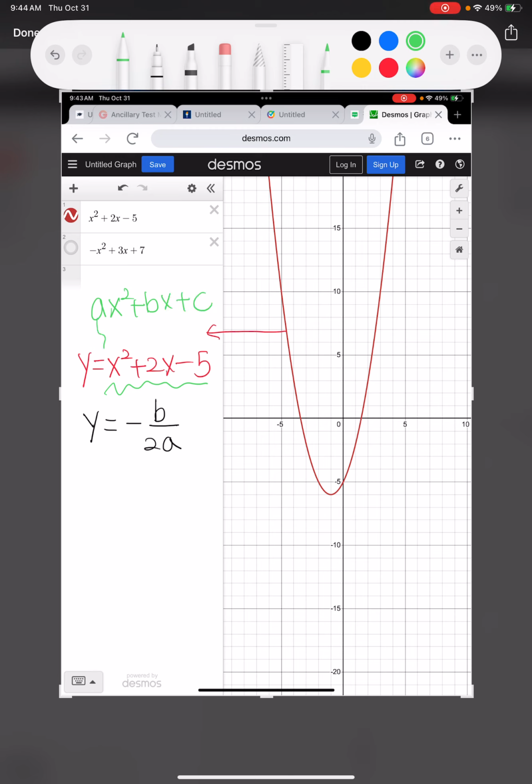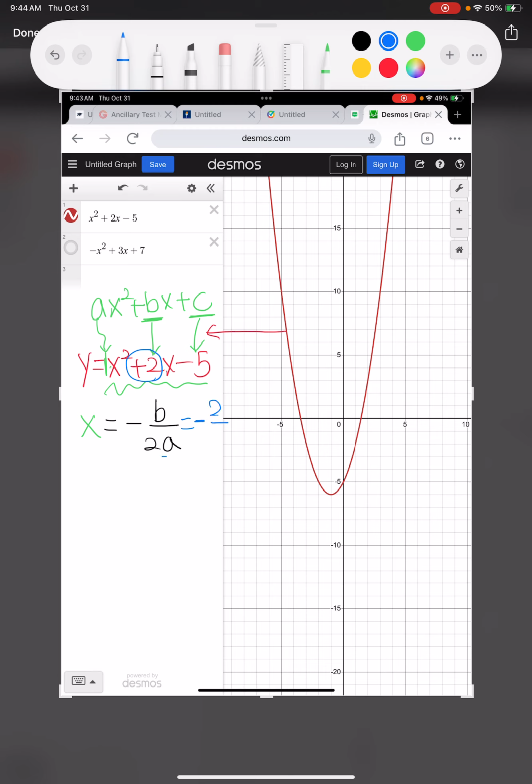So your a value is 1, your b value is 2, and your c value is -5. So let me change this. The line of symmetry is actually x equals, not y equals. x equals -b over 2a. And I'm going to plug in the a, b, c values that we found here. So b is 2, so I'm replacing b with 2.